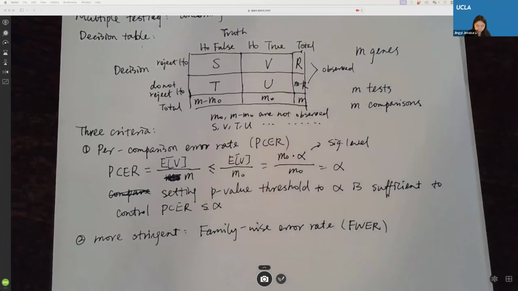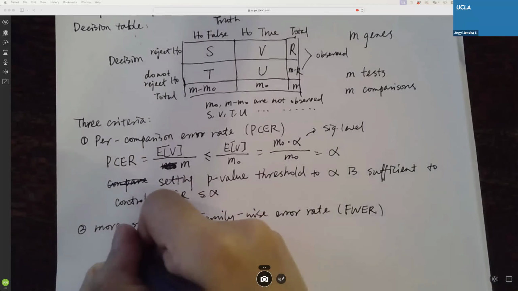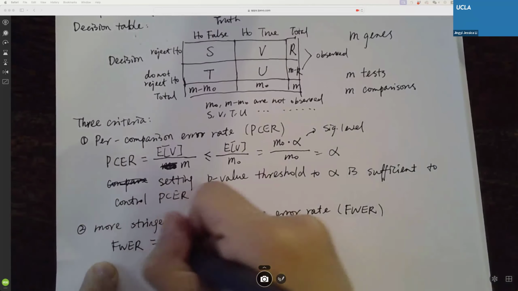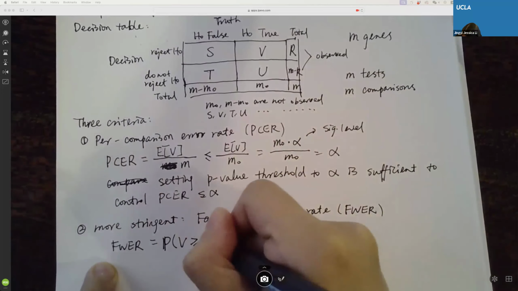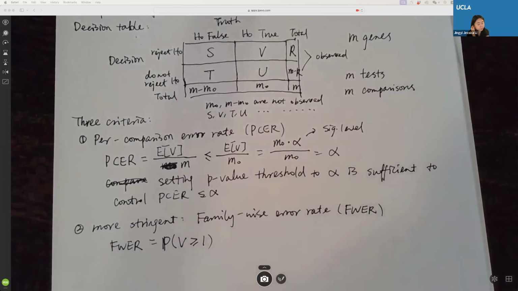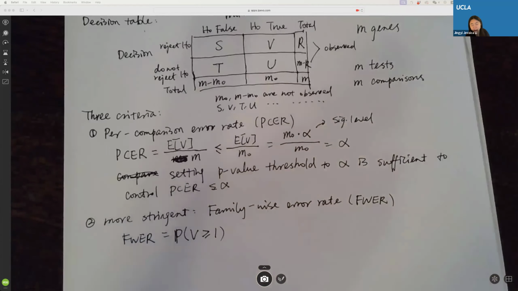This is a very stringent criterion, as it is defined as the probability that V is not zero, larger or equal than 1. So it means that as long as you make one false positive discovery, you satisfy this event and it has to be accounted for.